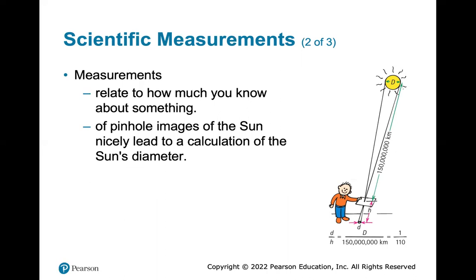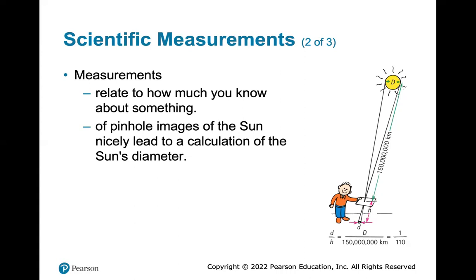Measurements of pinhole images of the sun nicely lead to a calculation of the sun's diameter. We know that it's about 150 million kilometers to the sun, and if you know this distance, in this little graphic, there's a ratio of 1 to 110, and from that you can take all sorts of measurements.